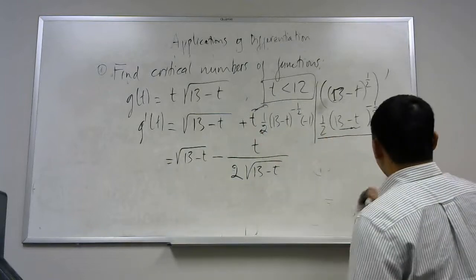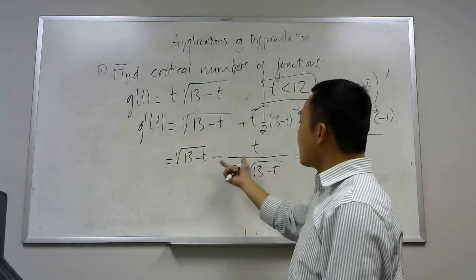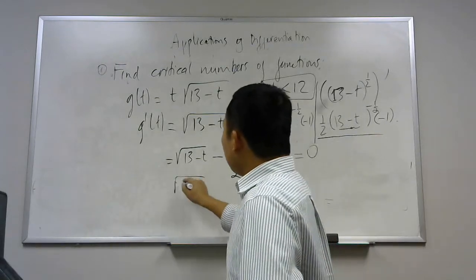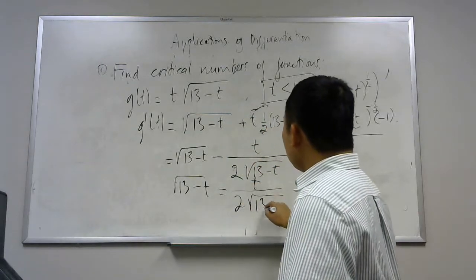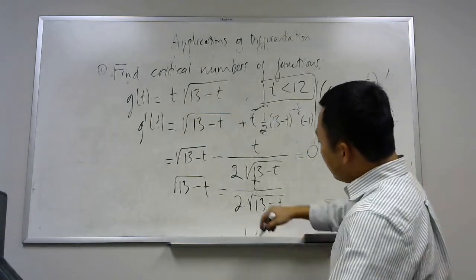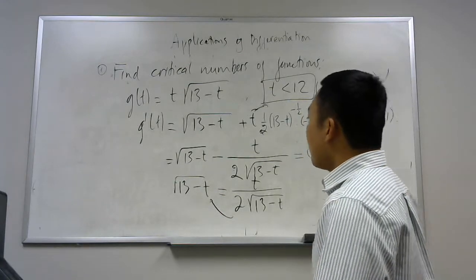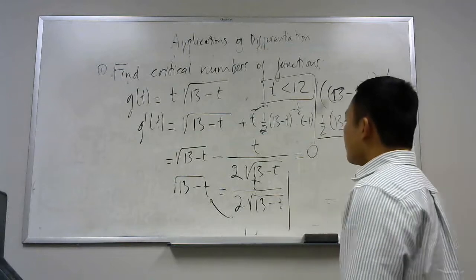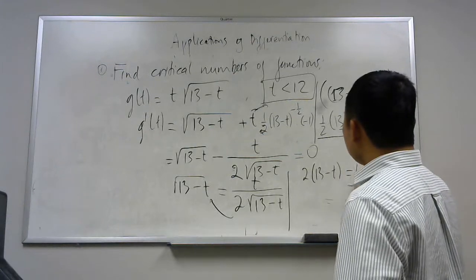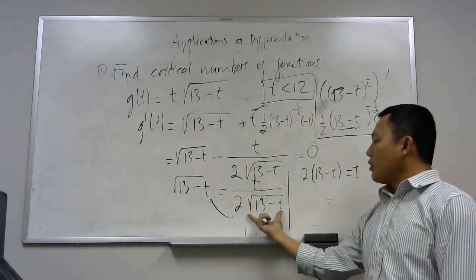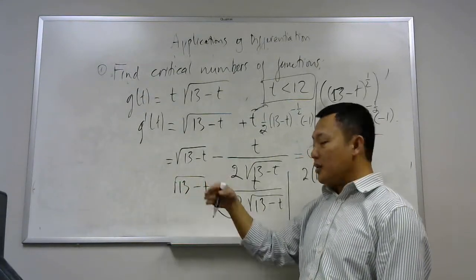Let's set it equal to 0. You see, a minus b equal to 0 means a equal to b. So I have the square root of 13 minus t equal to t over 2 times the square root of 13 minus t. Now I use cross multiplication and bring this to the left hand side. I have 2 times 13 minus t equal to t. You see why? Because here is the square root of 13 minus t, so when we multiply them, we get just the square of the square root, which simplifies.